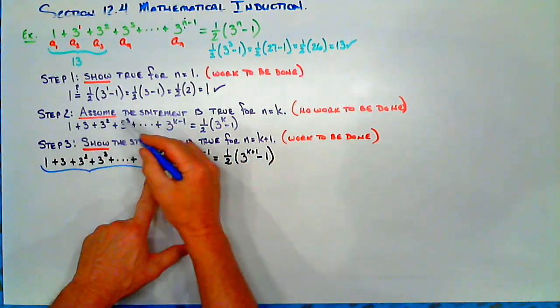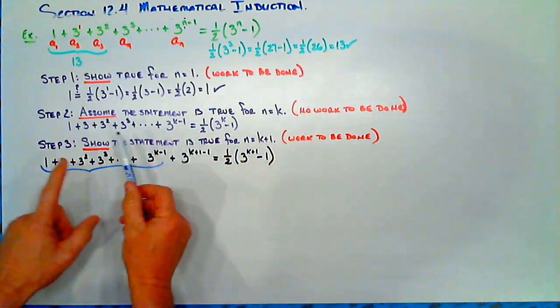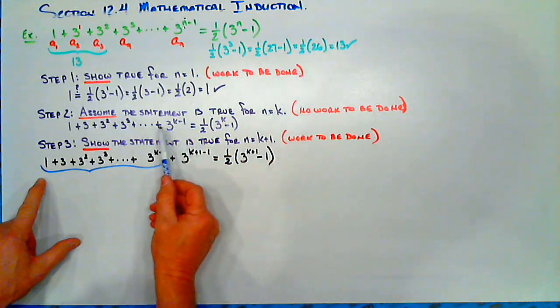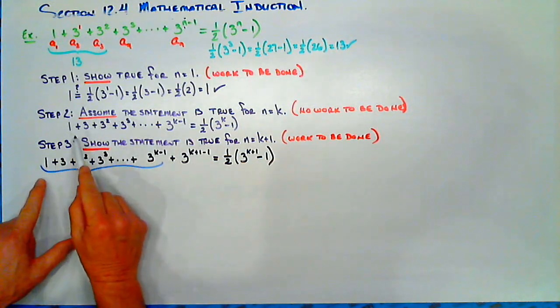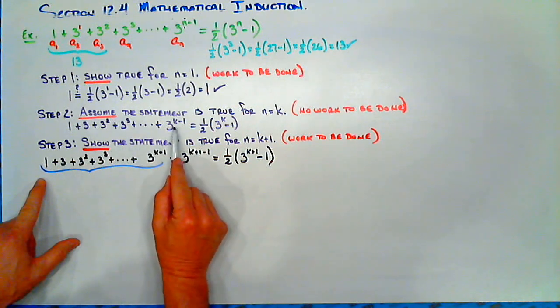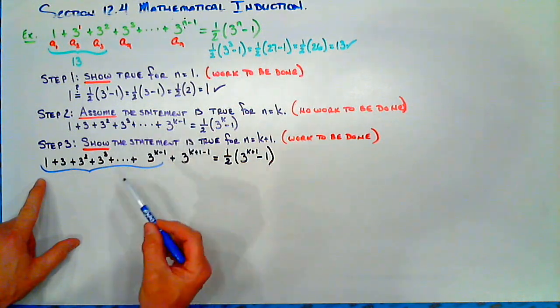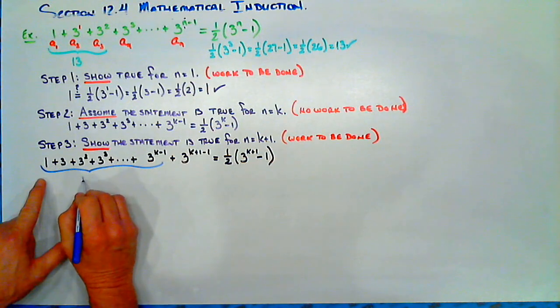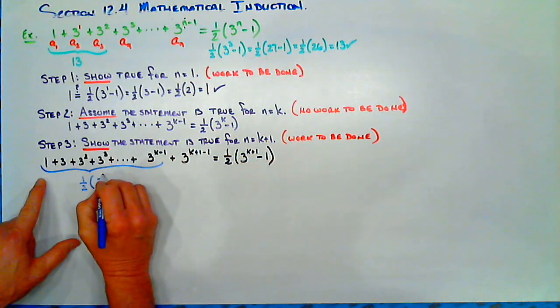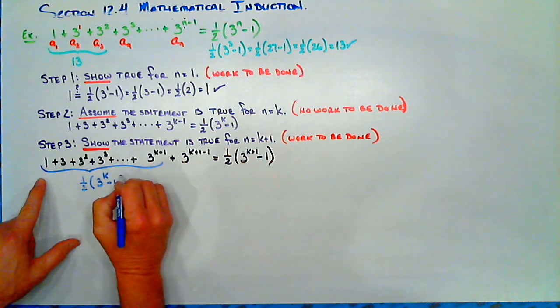And if we look at step 2, we knew when we were writing step 2, we were going to need to use that in step 3. If we look at step 2, we know what 1 plus 3 plus 3 squared plus 3 cubed all the way to 3 to the k minus 1 is. We know that's equal to 1/2 times 3 to the k minus 1.